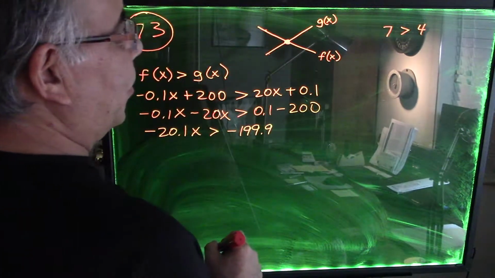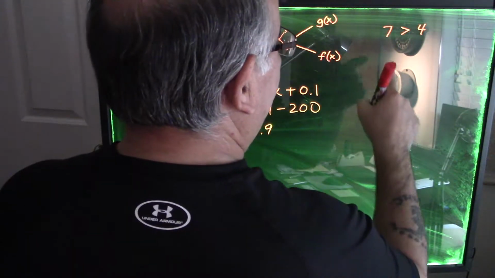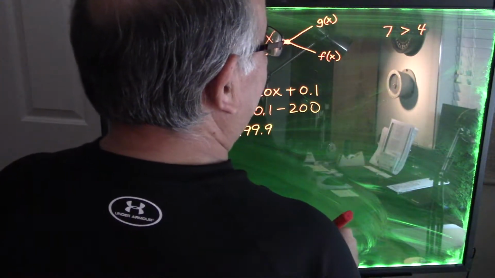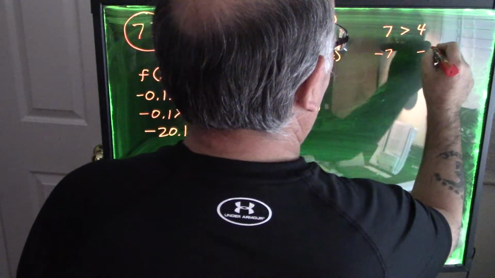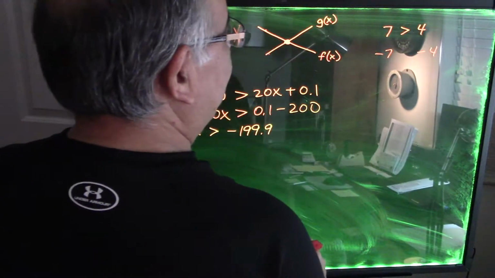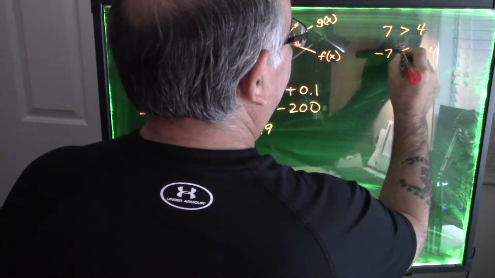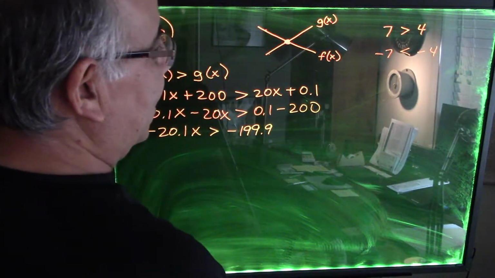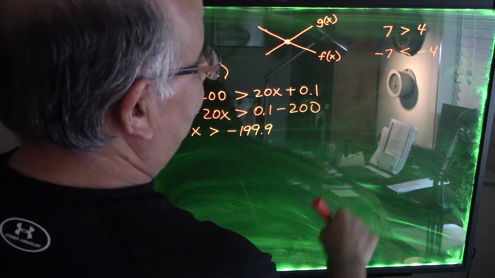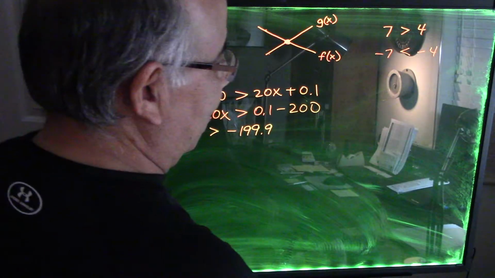All right, that's true. What if I multiply both sides by negative 1? I get negative 7 on the left and negative 4 on the right. Now which one is greater? The negative 4 is greater. Notice the direction of the inequality has changed. Same thing applies if you divide both sides by a negative number.